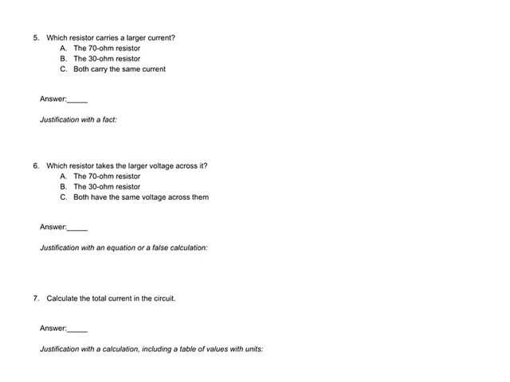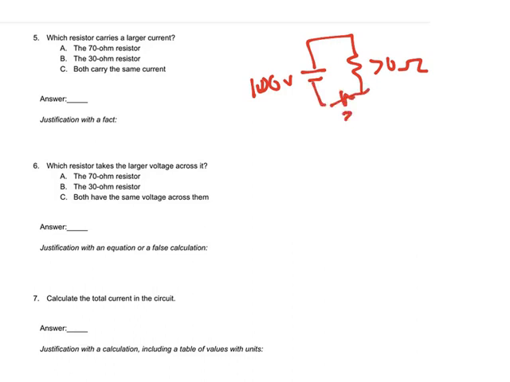For number 5, which resistor carries a larger current? This is the exact same circuit for all of these, so I'm just going to redraw it. So it was 100 volts, a 70 ohm resistor, and a 30 ohm resistor. And so which resistor carries a larger current?